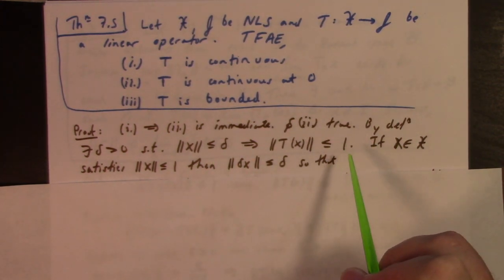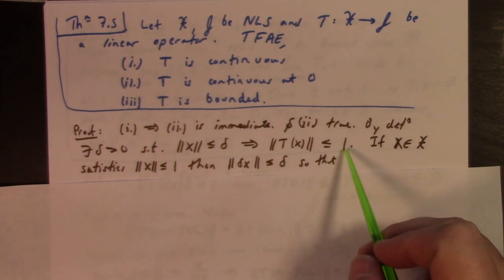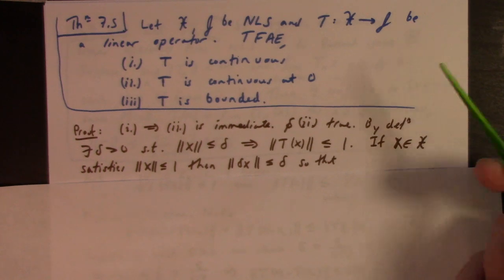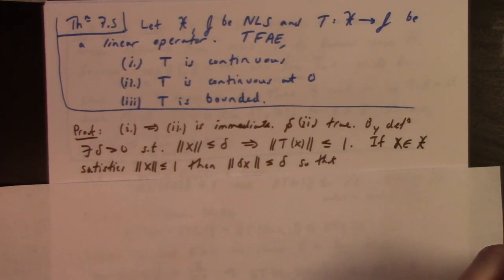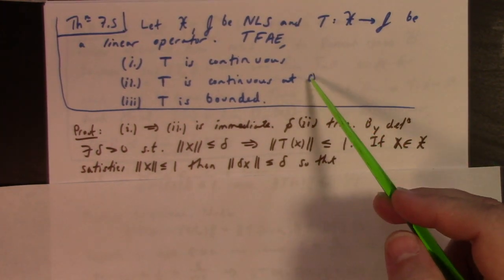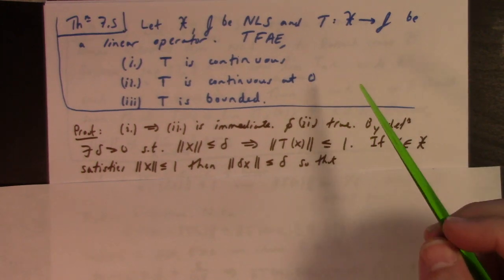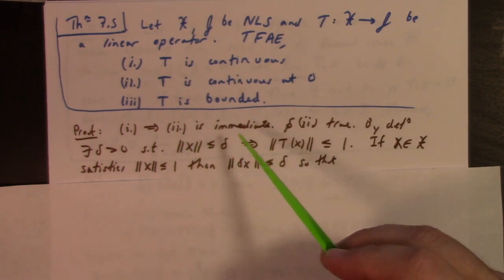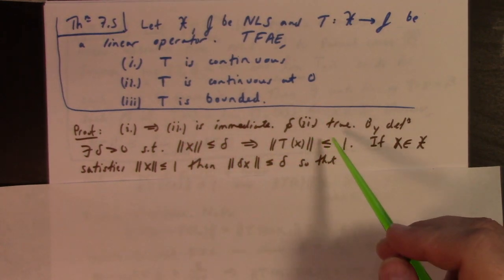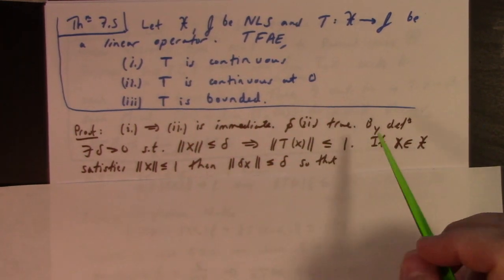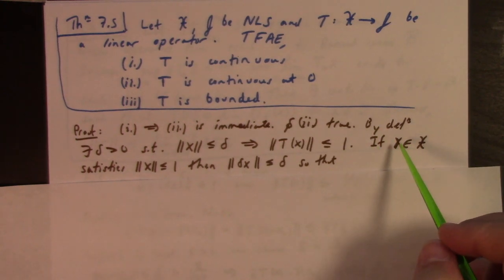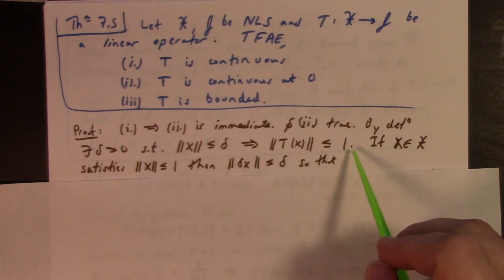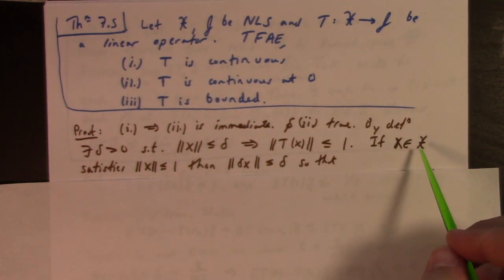So I think we're just basically saying, consider epsilon equal to 1, which is positive. If it's continuous at 0, there exists a delta such that when x minus 0 is less than delta, it implies that T of x minus T of 0, which is 0, is less than 1. Again, this is essentially just the definition of continuity.